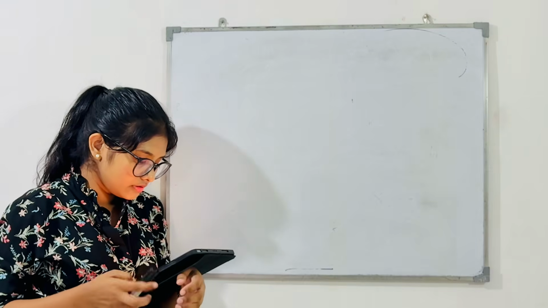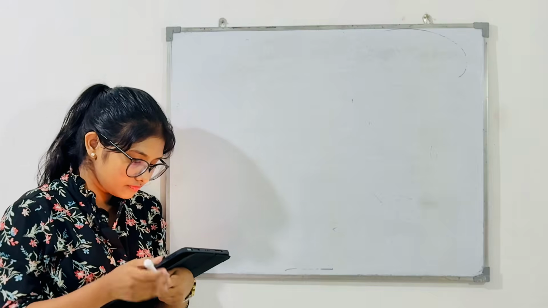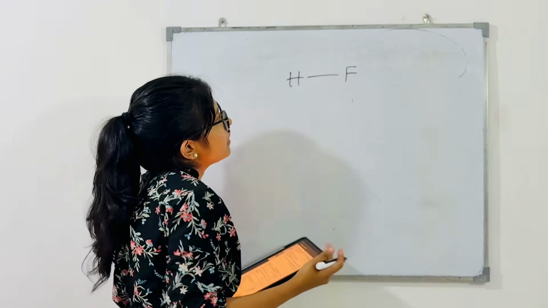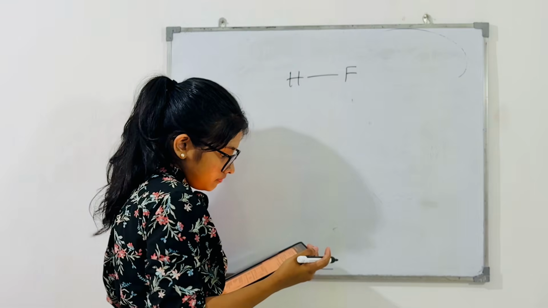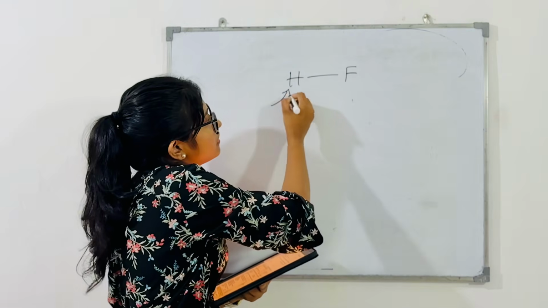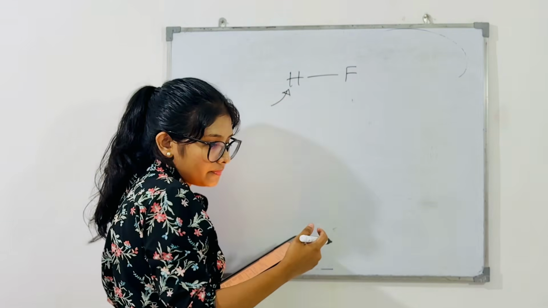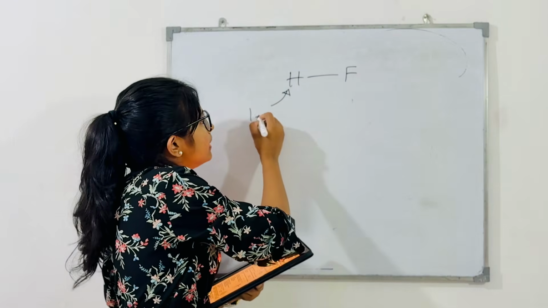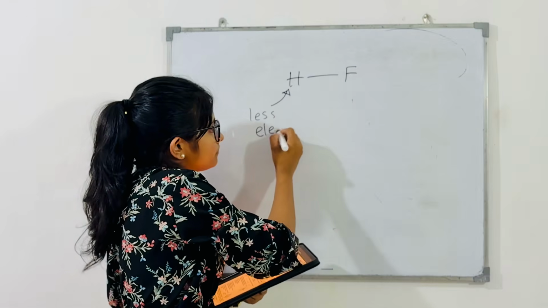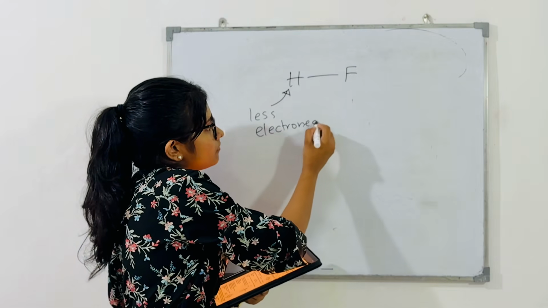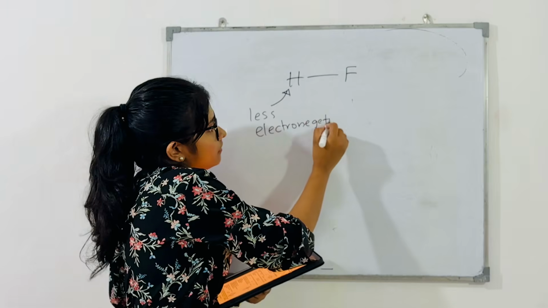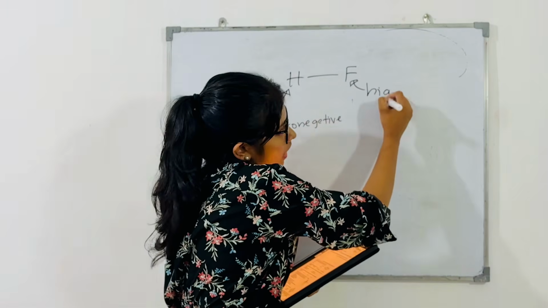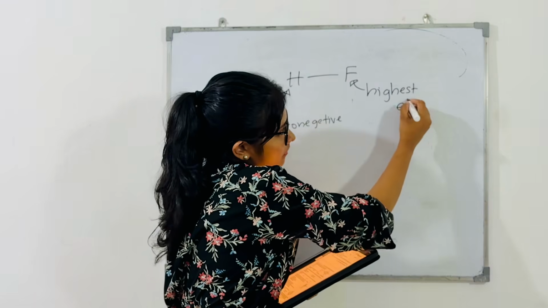First, I will draw the HF molecule. H is an element which has less electronegativity than fluorine, and fluorine is the element with the highest electronegativity.